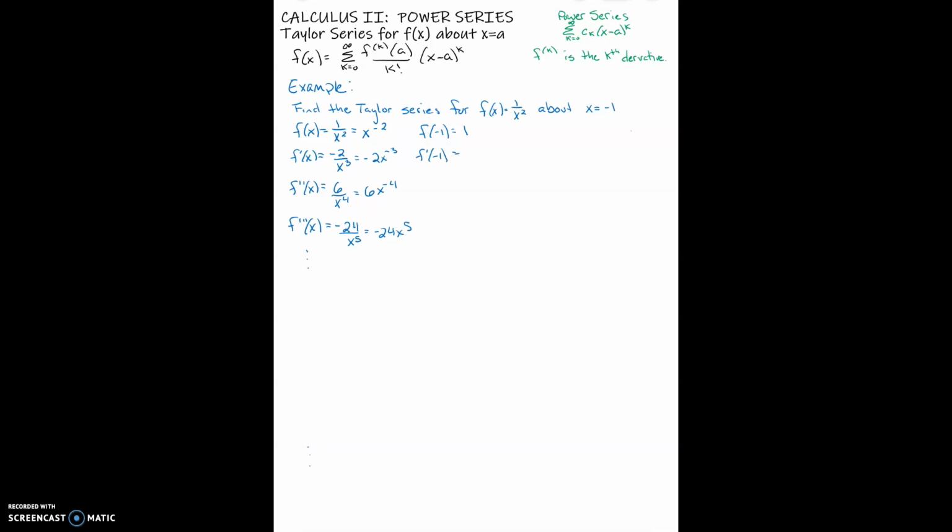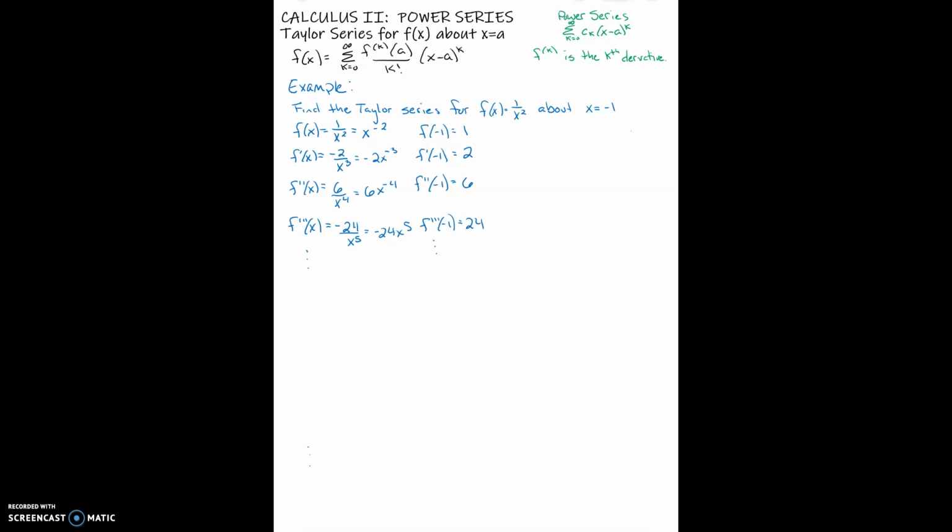That gives us, let's see, that's what, +2. The second derivative evaluated at -1 gives us +6. Third derivative evaluated at -1 gives us +24. Notice how those negatives go away. And I think that's enough for us to kind of figure out a pattern here.